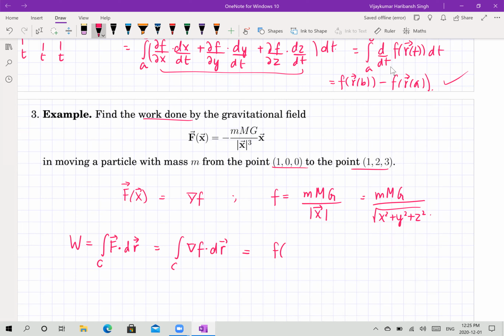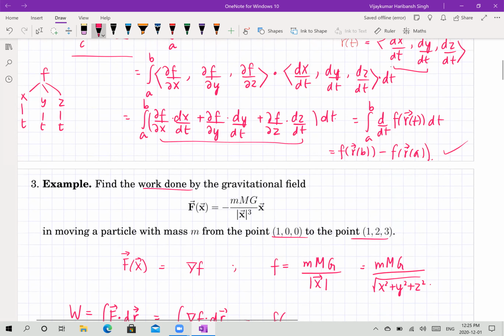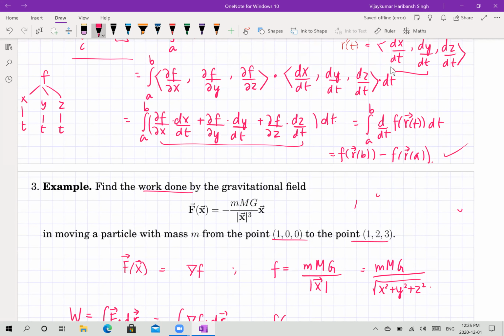As you can see, it doesn't depend on what curve is joining (1, 0, 0) to (1, 2, 3), because it's only dependent on the endpoints, right?